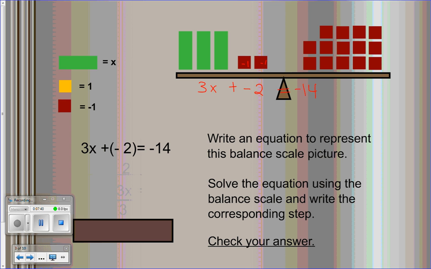Now we're going to solve it with the picture, and we're going to solve it algebraically. So first we need to remove everything that is near the x's. We are going to remove those two. So I'm basically subtracting a negative 2.